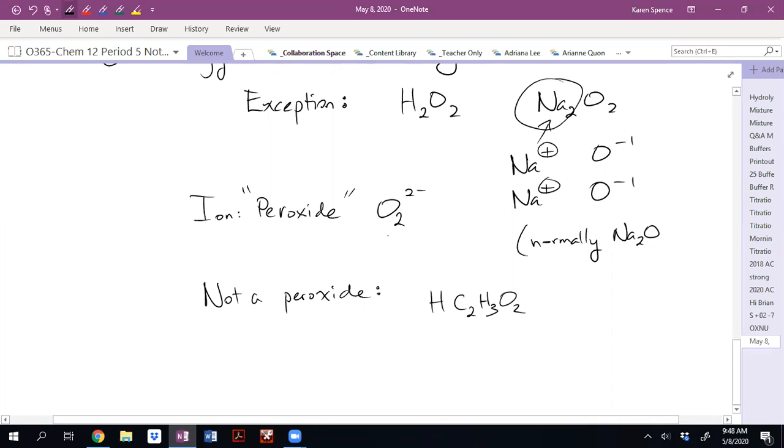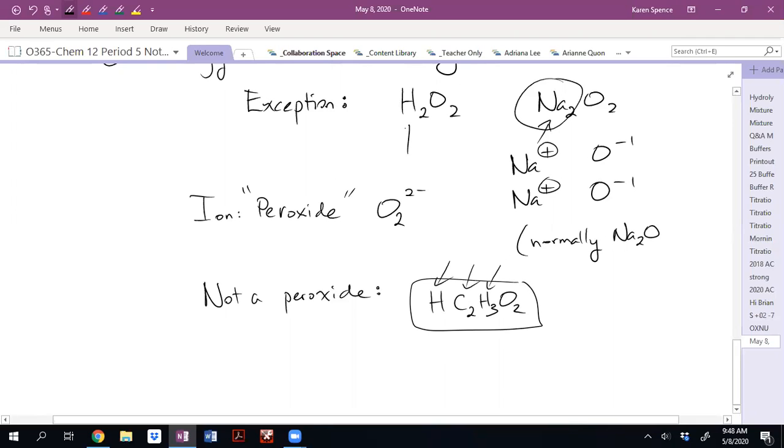Sometimes people see this O2 and they think peroxide. But if it's in an organic compound, there's nothing else there that has a rule more important than oxygen. Yeah, there's hydrogen, but carbon falls below oxygen in the order of the rules. So you can say, no, it's not paired up with a metal.